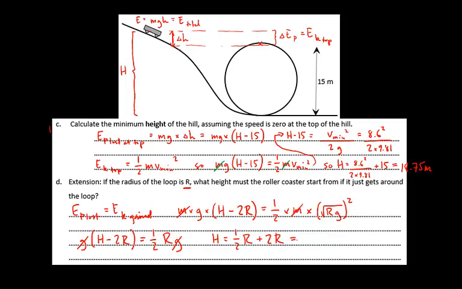So that's just equal to 2.5r. So basically, if we have a loop of radius r, we need to make sure that the roller coaster starts at least 2.5 times the radius above the ground. Obviously, you'd want to go a little bit higher than that because you're going to lose some energy due to friction as well. So this is a minimum value.